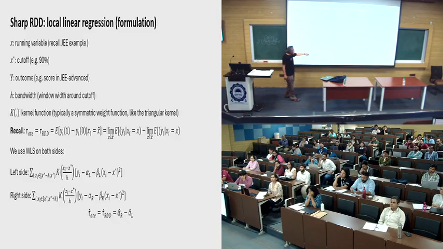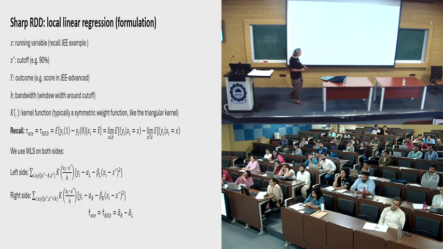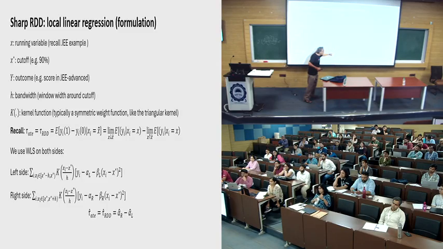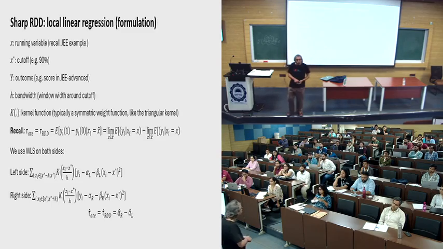Here it belongs to X star up to X star plus H. I do a minimization on my left hand side. I do a minimization on my right hand side. If I am interested in alpha L and alpha R, I get alpha L hat from here, I get alpha R hat from here, I take the difference, and that's nothing but my lambda hat ATE.